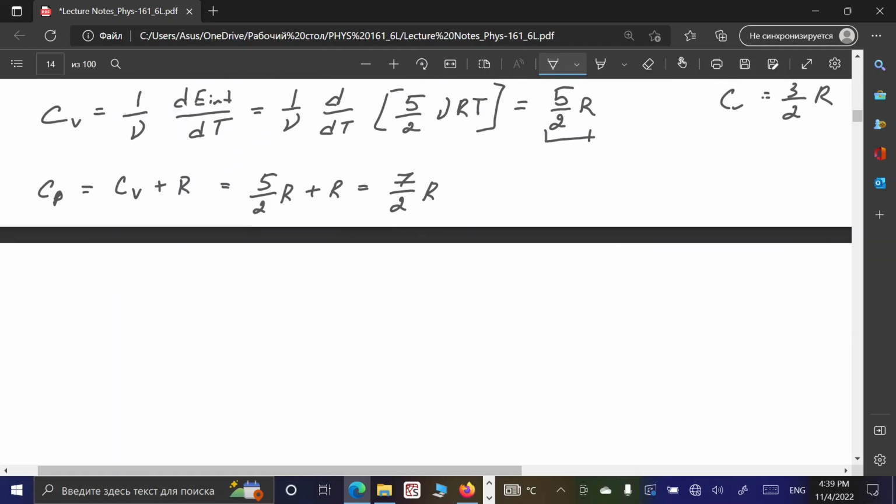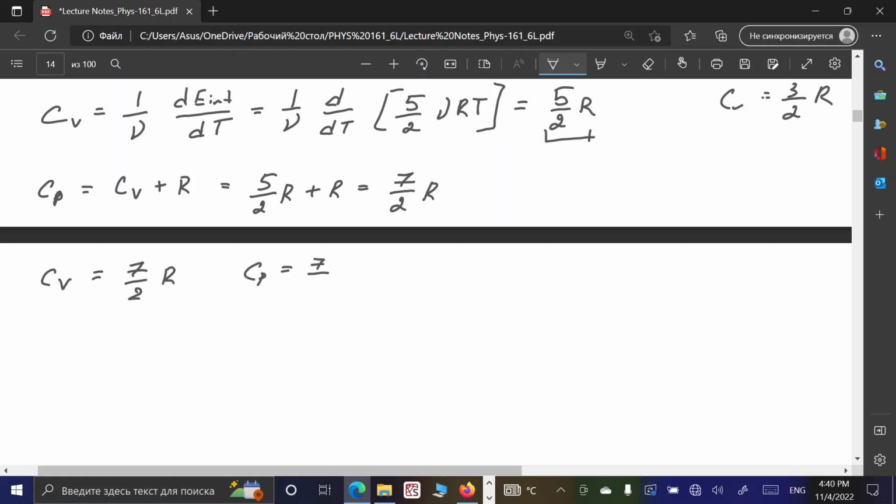We will consider it a little bit later, but now if we add on top of translational and rotational also vibrational, that will bring another 2 degrees of freedom. And for Cv, we can write that it will already be equal to 7/2 R, and obviously Cp will be equal to 7/2 R plus R. Can write it here.